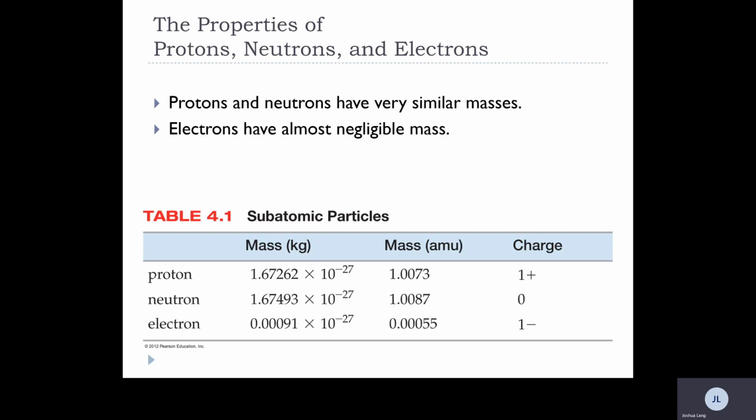So looking at these subatomic particles, the things that make up atoms, protons and neutrons have very, very similar masses. 1.67 times 10 to the minus 27 kilograms. That's tiny.